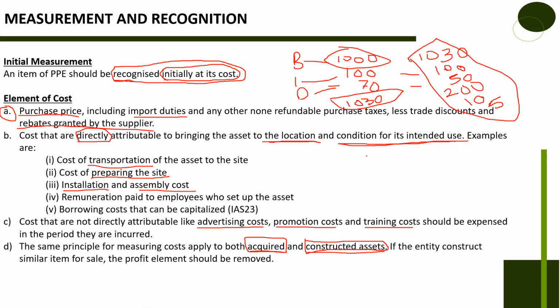One of the things that you will buy is, let's say, land. The price, let's say, is 1,000. After you buy the land, you will pay for maybe all these Lagos State tenancy and the likes, all those taxes on the land, all those registration, anything that you do to bring the land up to the point of use will be added as cost.